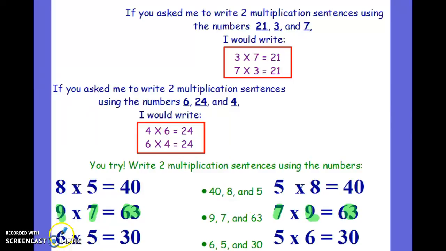For 6, 5, and 30, it's 6 times 5 equals 30, or 5 times 6 equals 30. For each of these, the commutative property applies. 8 can commute to where the 5 is, as long as 5 is commuting to where the 8 is, which turns it into a completely different looking number sentence, which still gets me the same exact answer. 5 times 8 equals 40.